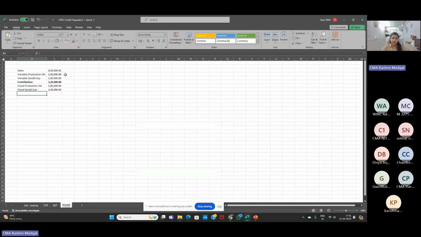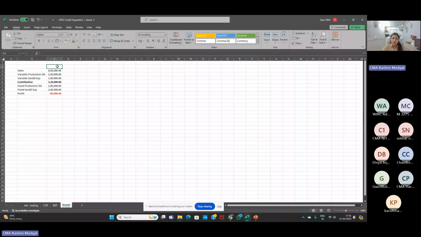If I consider the profit here, it is basically a loss. So I can see that I am making a loss overall, but in contribution I am making a profit on the 400 units.